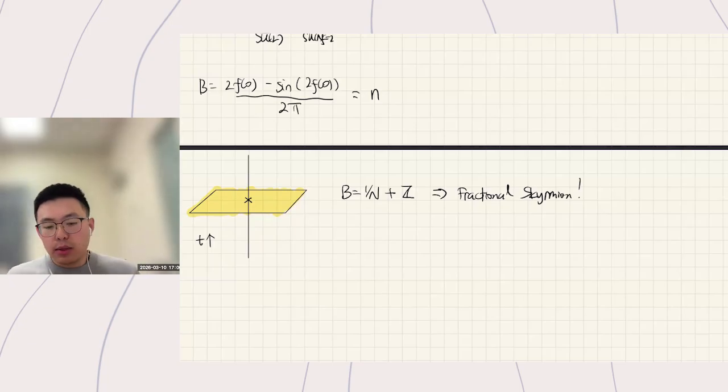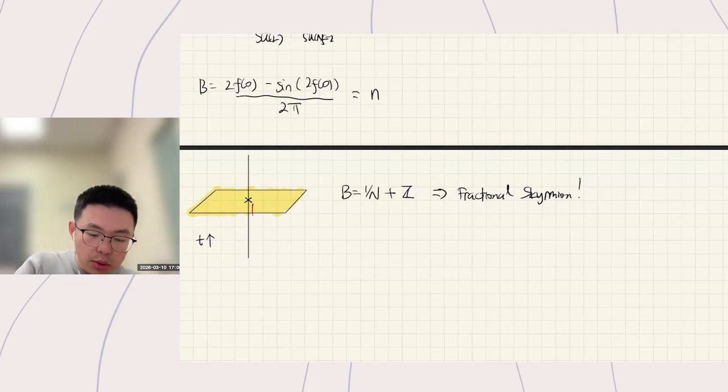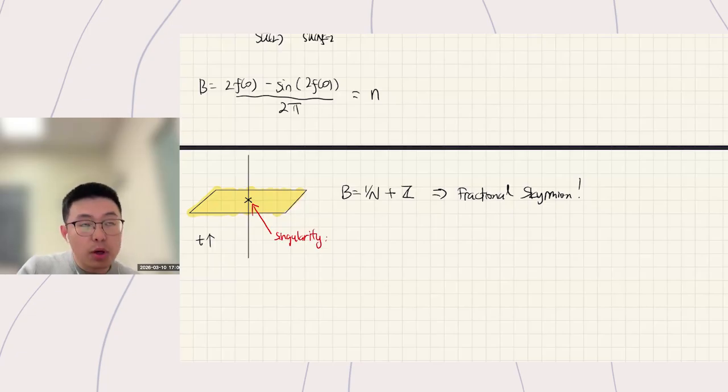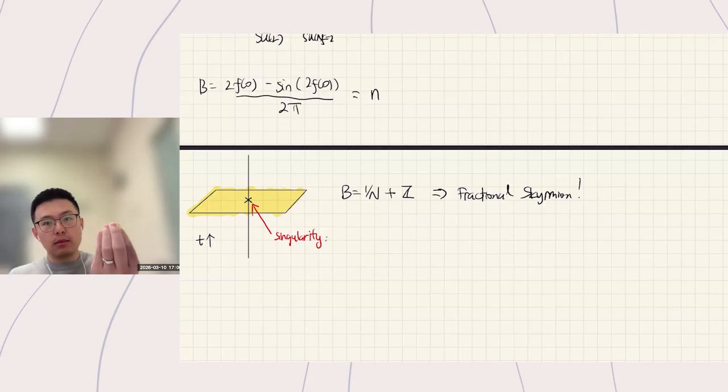But as we already said, a skyrmion number is quantized to be integers. So how can we even find fractional skyrmions? The key behind this is that we can allow ourselves to have singularities in the field configurations. So we allow ourselves to consider singular field configurations where the singularity sits at the place where the Wilson line pierces the time slice, okay?